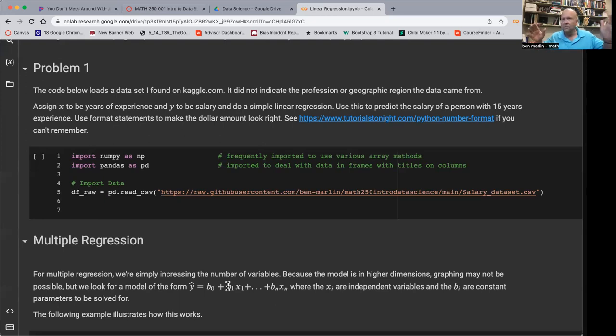But at the end of your parentheses, if you say .T, it will put the array into the shape that you're needing here, okay? If you don't put the .T, then you will have a row vector, whereas you need a column vector. The .T just trades rows for columns.